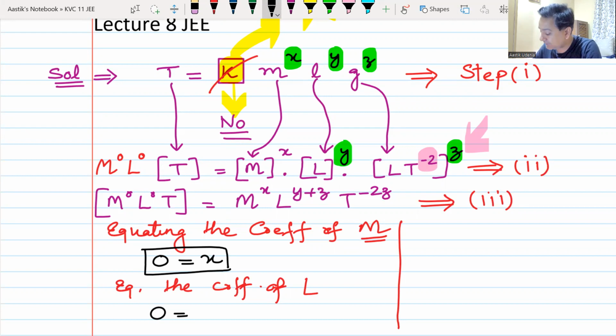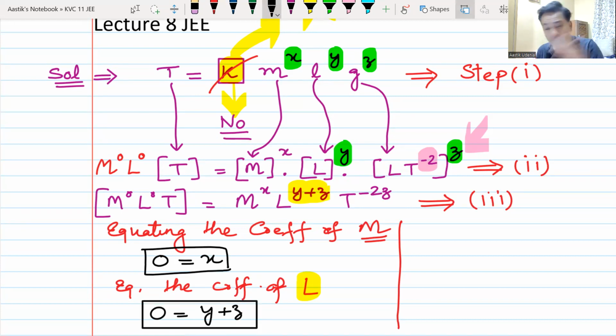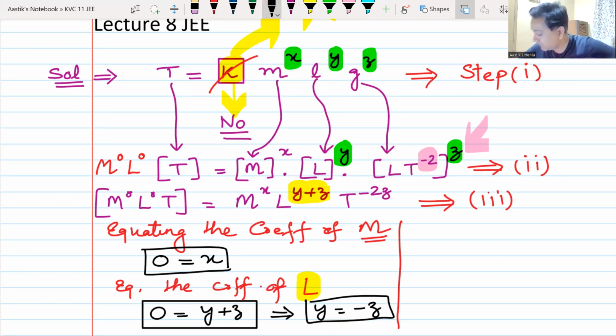On the right hand side I definitely see the coefficient of L is equal to y plus z. Have I done anything extraordinary? Yes or no? It is quite simple. From here I can simply get y will be equal to minus z, or z will be equal to minus y. Doesn't matter. They represent the same thing.